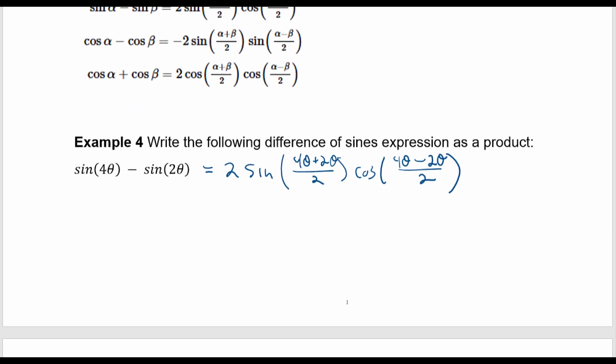So we have 2 sine of 6 theta over 2, cosine of 2 theta over 2.